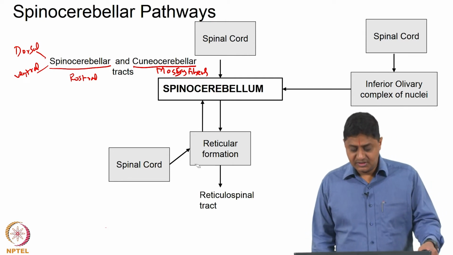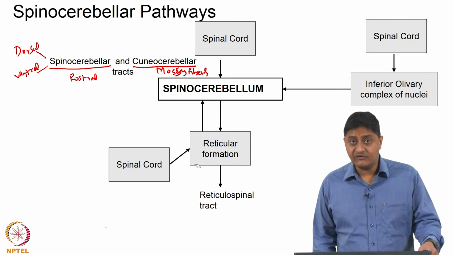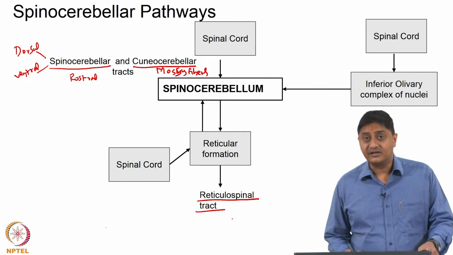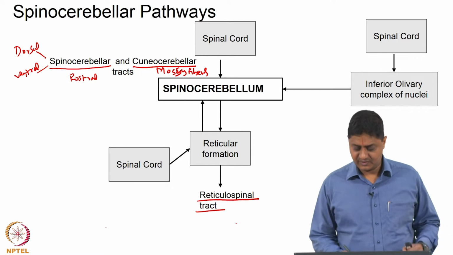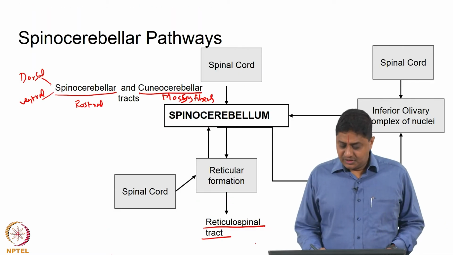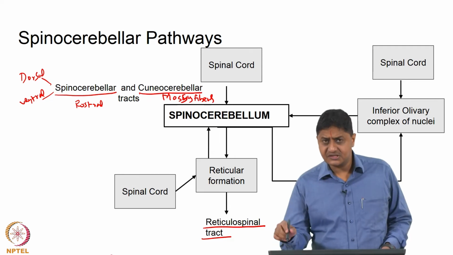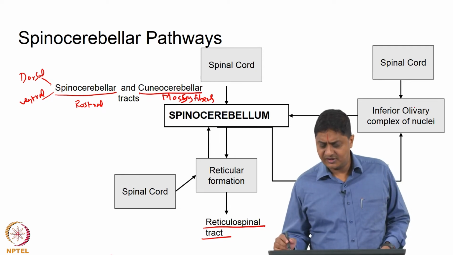One output is from the spinocerebellum to the reticular formation, and it projects back to the spinal cord via the reticulospinal tract. The other output is to the red nucleus, and from the red nucleus to the rubrospinal tract, and the red nucleus also projects to the inferior olive.